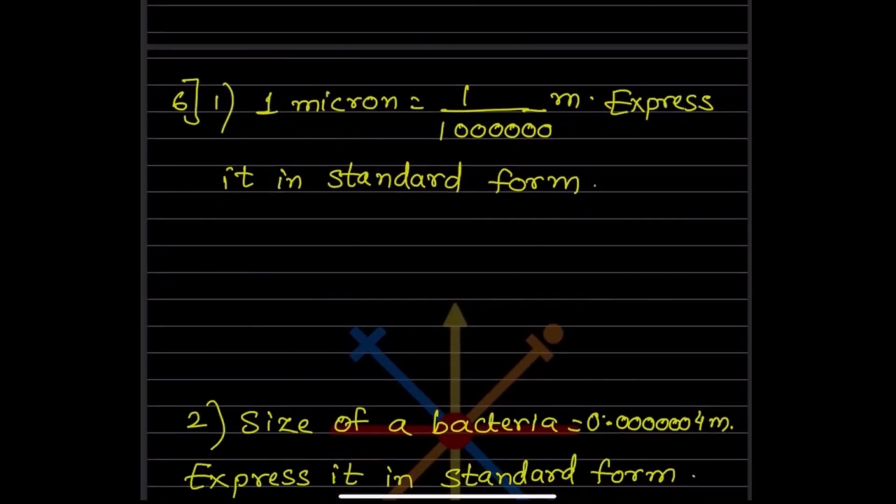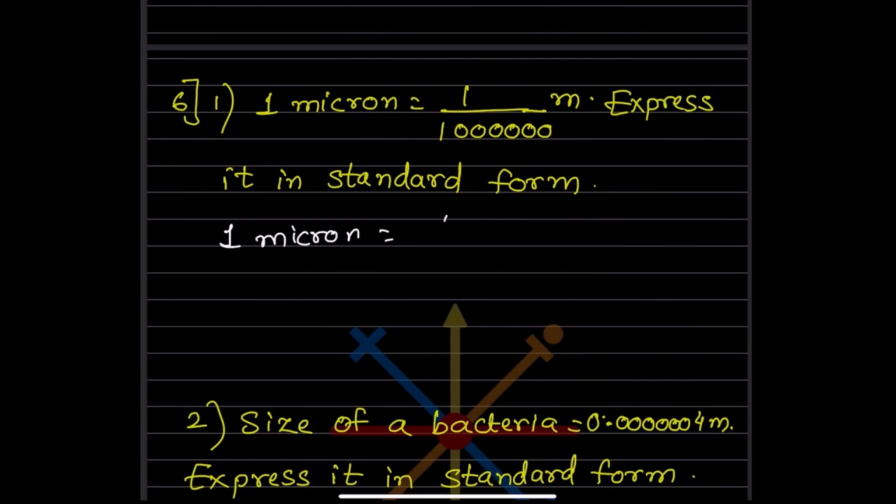Now let us see here, it's given here 1 micron is, and you have to express this in the standard form. So we can write 1 micron is 1 by, how many zeros are here? 6 zeros, 3, 4, 5, 6.